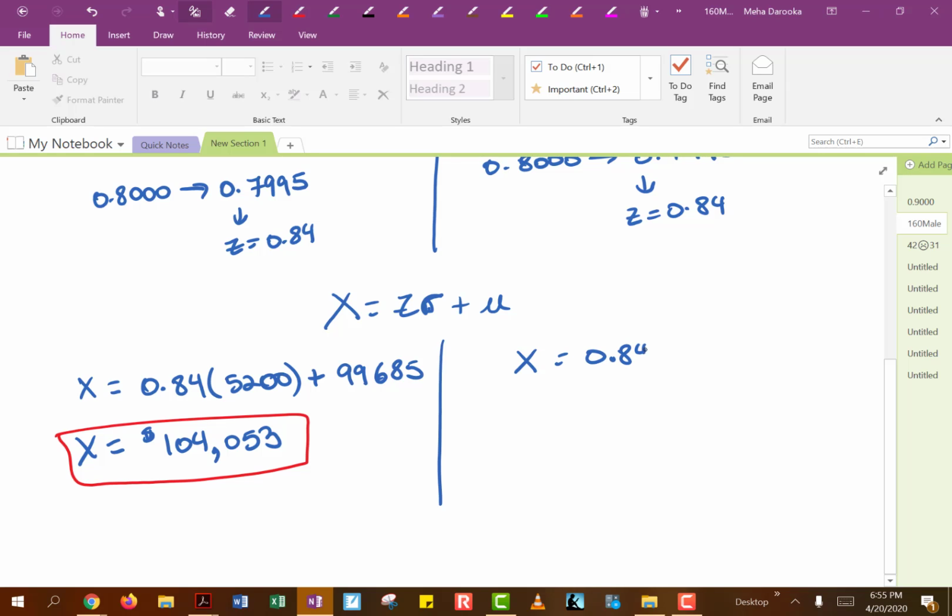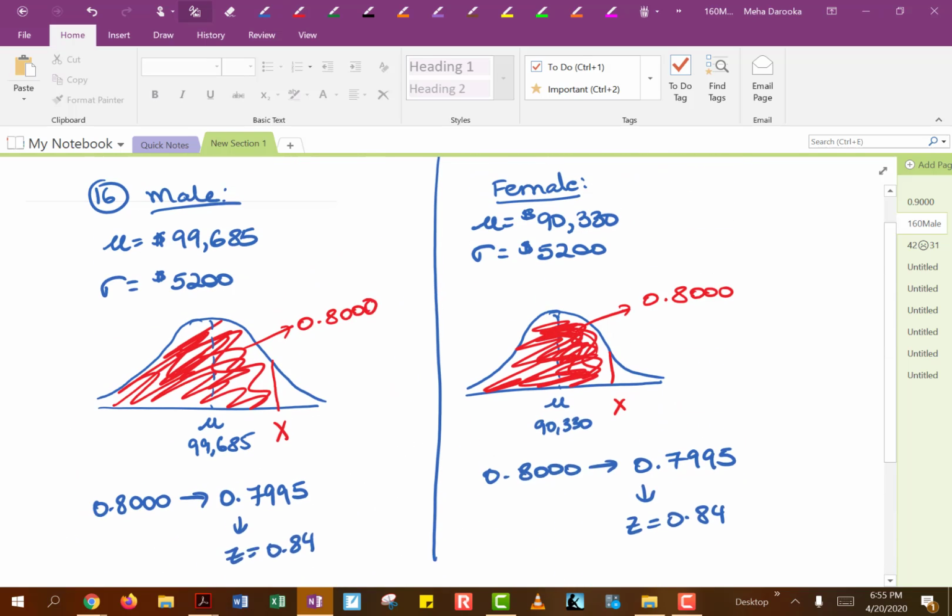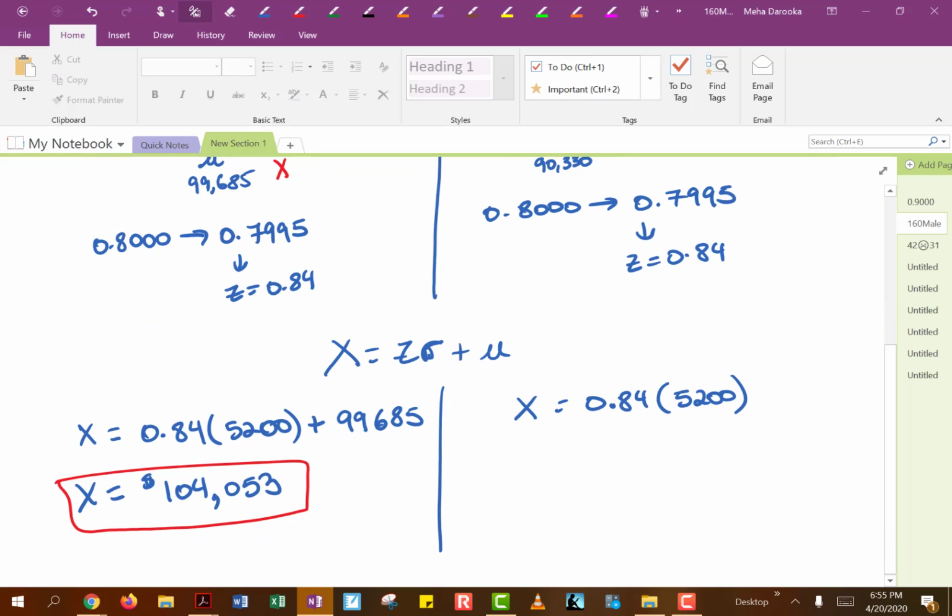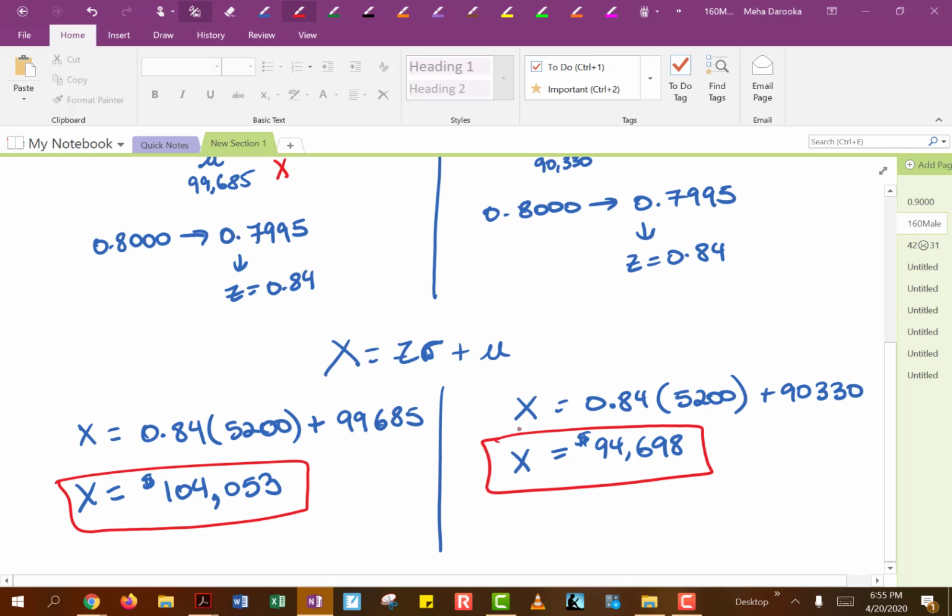Okay, now let's see for the female professors. Again, our z-score is 0.84. Sigma was the same, 5,200, but the mean value here is $90,330. So when we calculate this, we should get a total value of $94,698. And again, this is for the 80th percentile for full professors who are female.